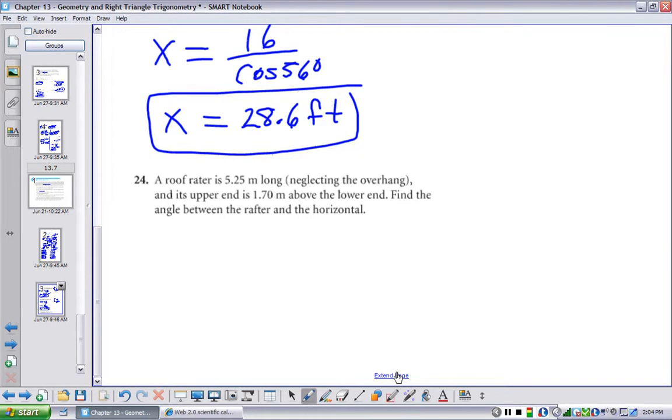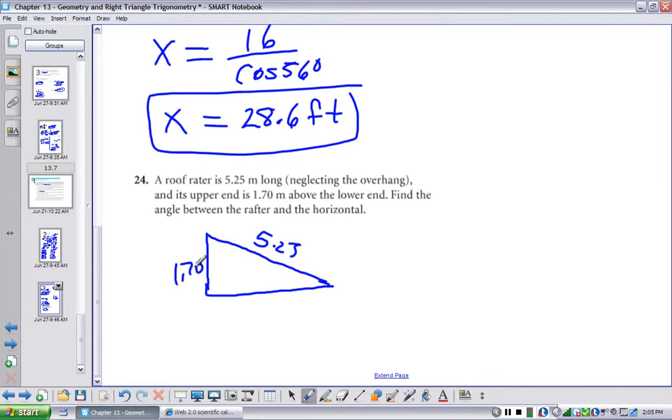All right, the next one, number 24. A roof rafter is 5.25 meters long, neglecting the overhang, and its upper end is 1.70 meters above the lower end. Find the angle between the rafter and the horizontal. So a roof rafter makes a slant, 5.25 meters long. Its upper end, the distance between here and there, a vertical distance, is 1.7.